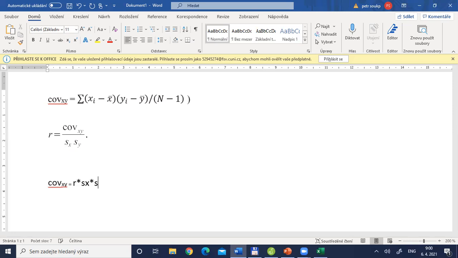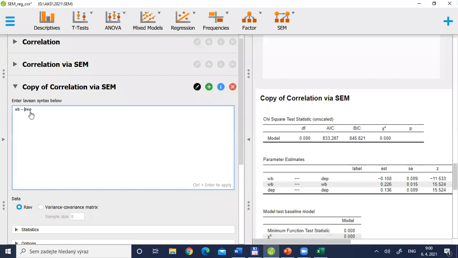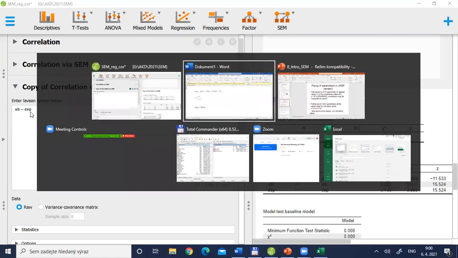So I would need only to take the expected correlation minus 0.6, and then multiply by the standard deviation of x and y. So I would apply this formula and recompute the covariance, and then add this expected covariance here, and I can evaluate this model. So we can start this computation.